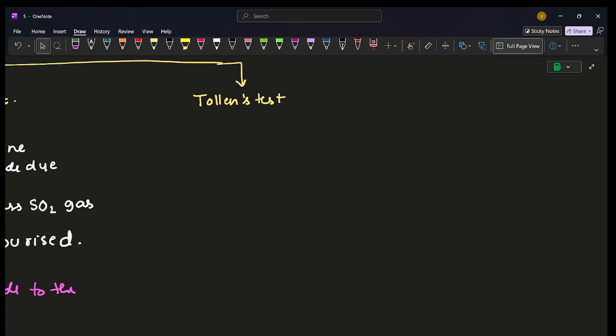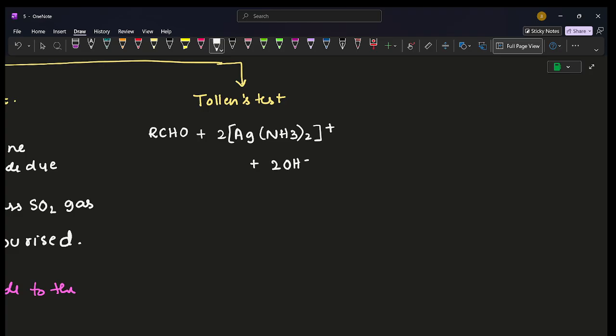So if I have to give you the complex of Tollens' reagent, let me just write the reaction. I think that makes it easier. So you're going to have RCHO and you're going to add [Ag(NH3)2]+ and 2OH minus.